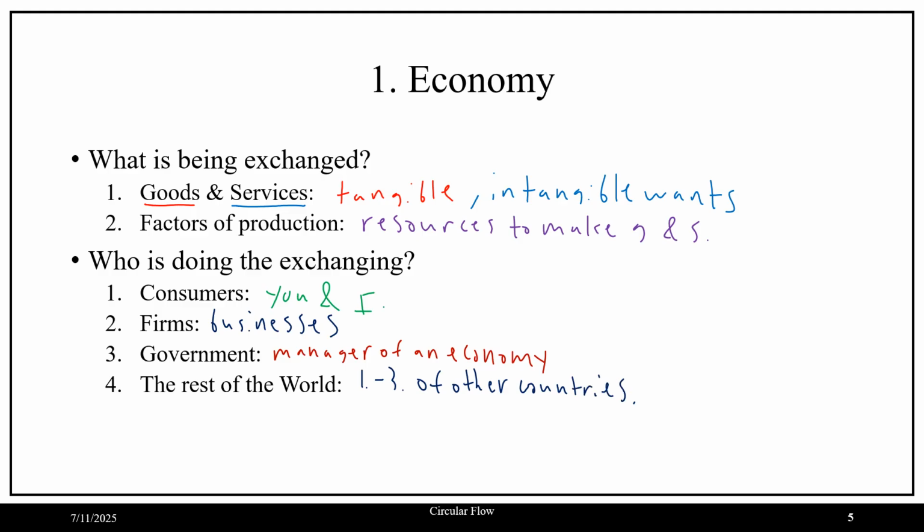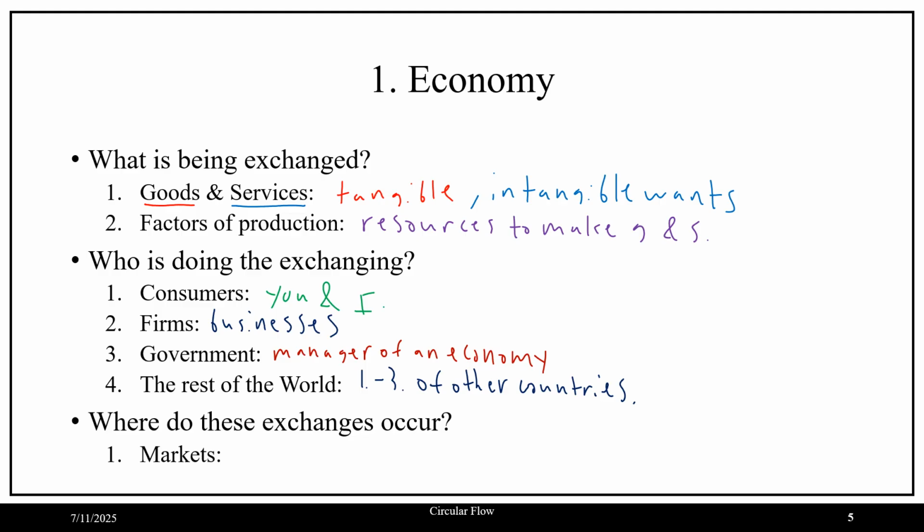All right, so we have a better idea of what's being exchanged, as well as who's doing the exchanging, the last thing that we may want to ask then is, well, where are these exchanges occurring? They're going to be occurring in markets. Markets are institutions that bring buyers and sellers together. They can be in person or they can be online.